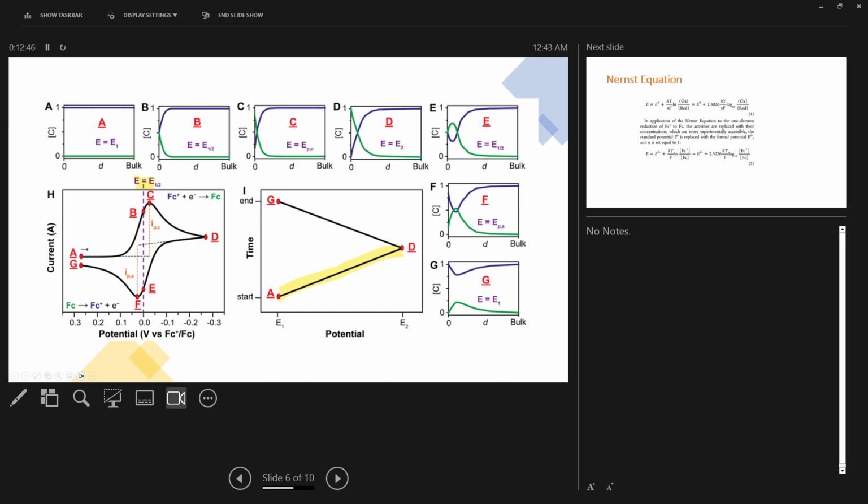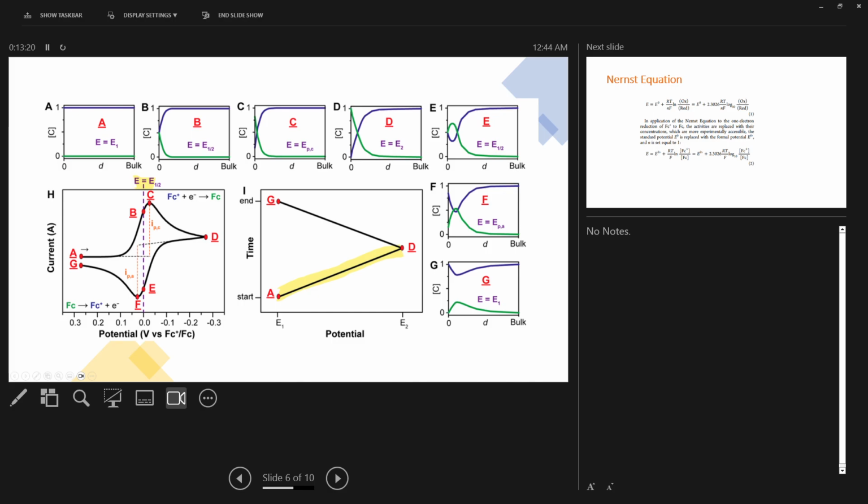This shows that all the Fc+ which was at its highest at the start, point A, has now been converted to Fc. At point D, the whole Fc+ has gained an electron and been reduced to ferrocene. The ferrocene has the highest value and the ferrocenium has the lowest value.